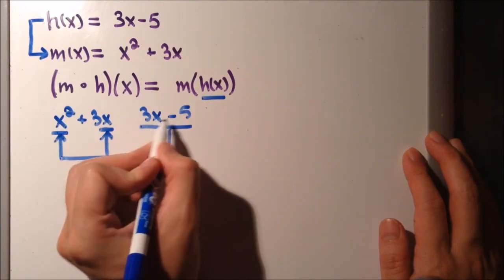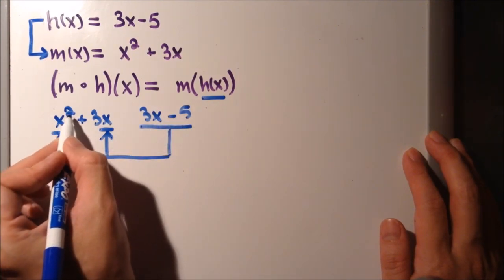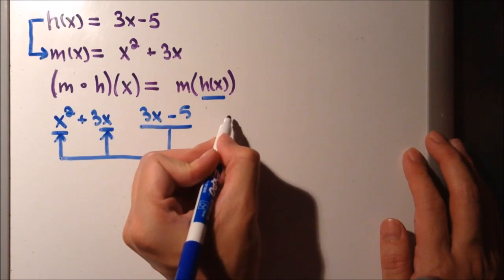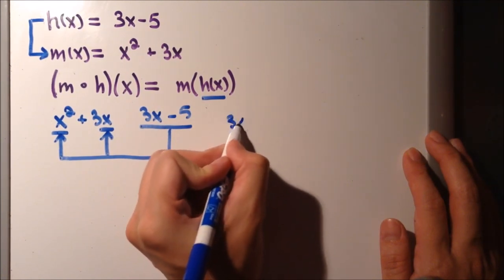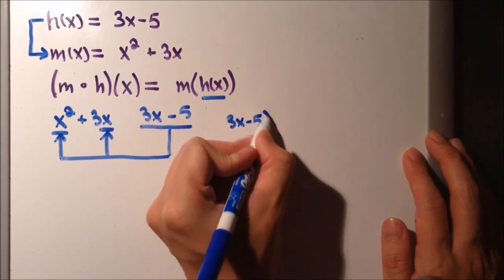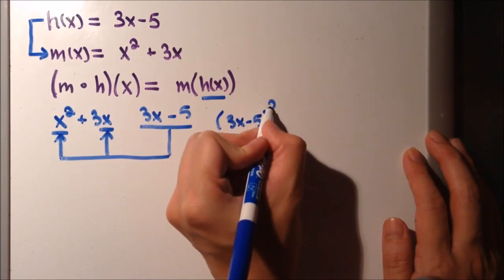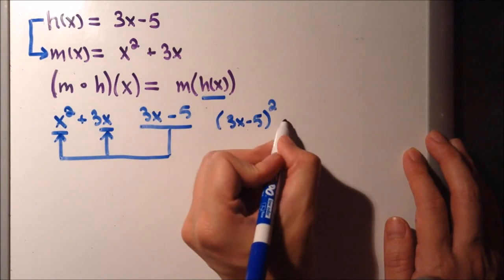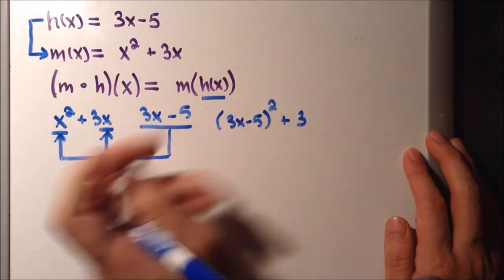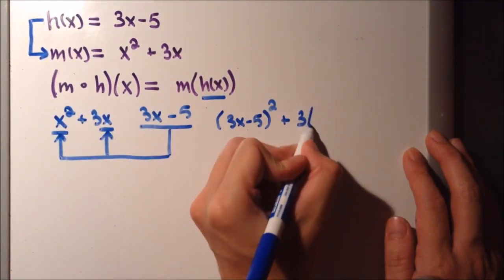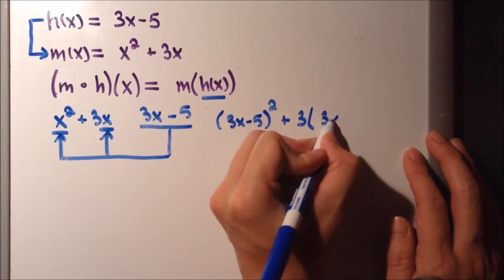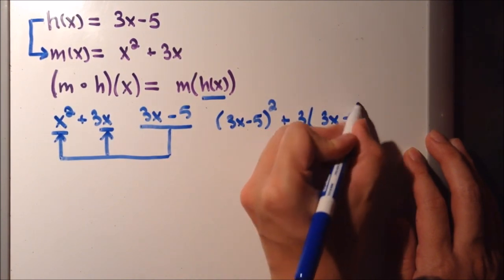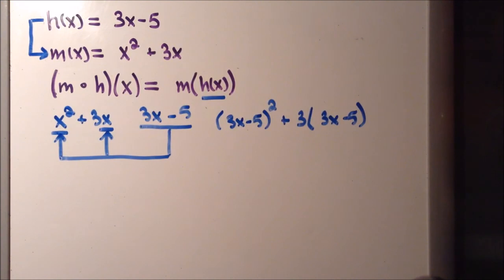Plugging 3x minus 5 in here, and we have a square, so this is where we have to be very careful. So 3x minus 5, squared. Since there's a square, I put parenthesis on 3x minus 5. And then 3, because of that 3 right there, parenthesis 3x minus 5. This is the part where we have to be very careful.